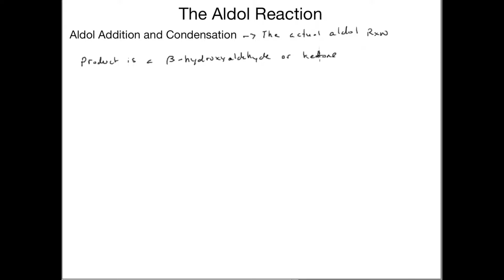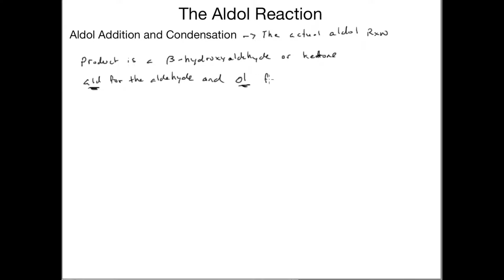And so we're going to use this enolate that we formed to actually add to something else, another aldehyde or ketone. And so the name breaks down. The ald part is for the aldehyde that we have, that's going to add to this.